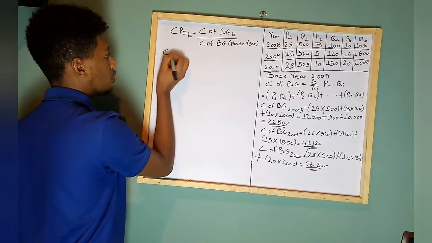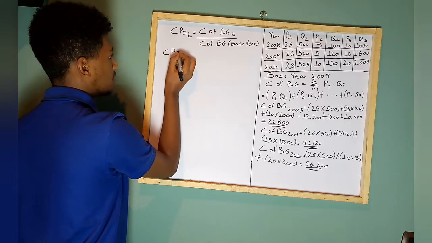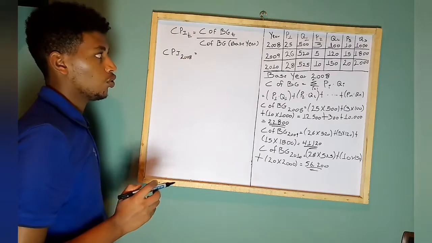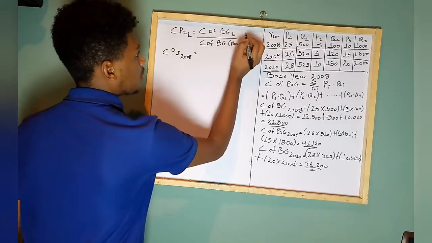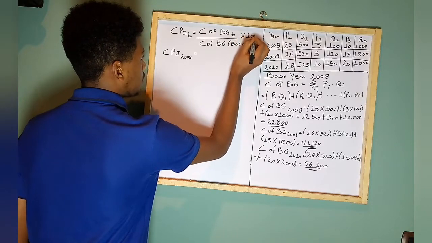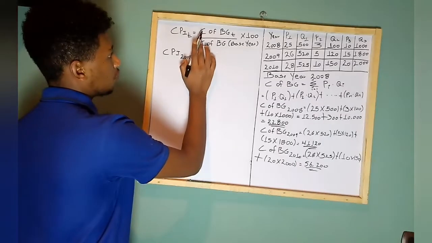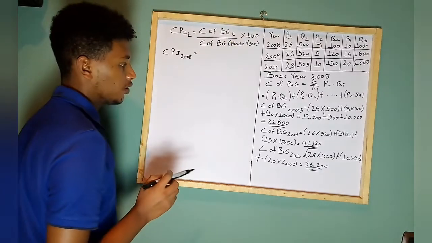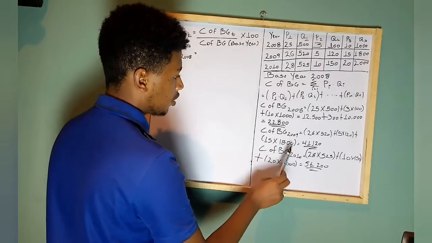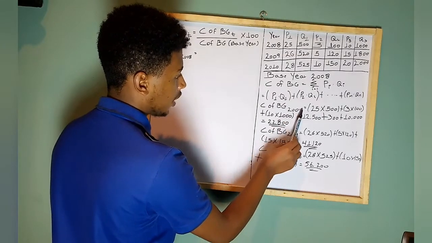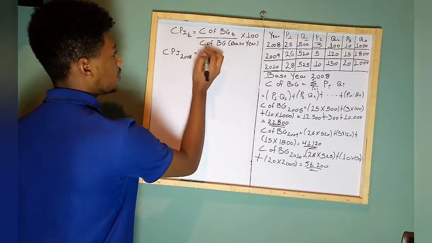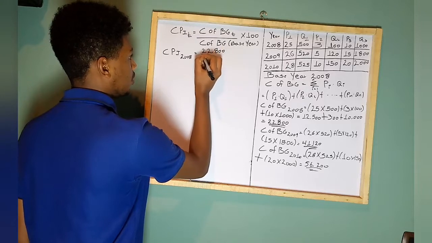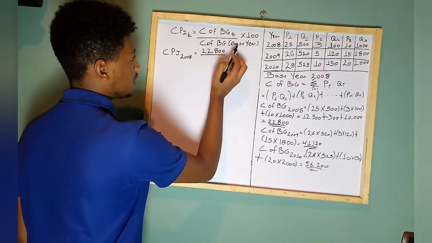Now let's calculate the consumer price index in 2008. Sorry, we should multiply this by 100. Therefore, cost of BG at time t divided by cost of BG at the base year, multiplied by 100. That means cost of BG in 2008 is 22,800 divided by cost of BG at the base year.